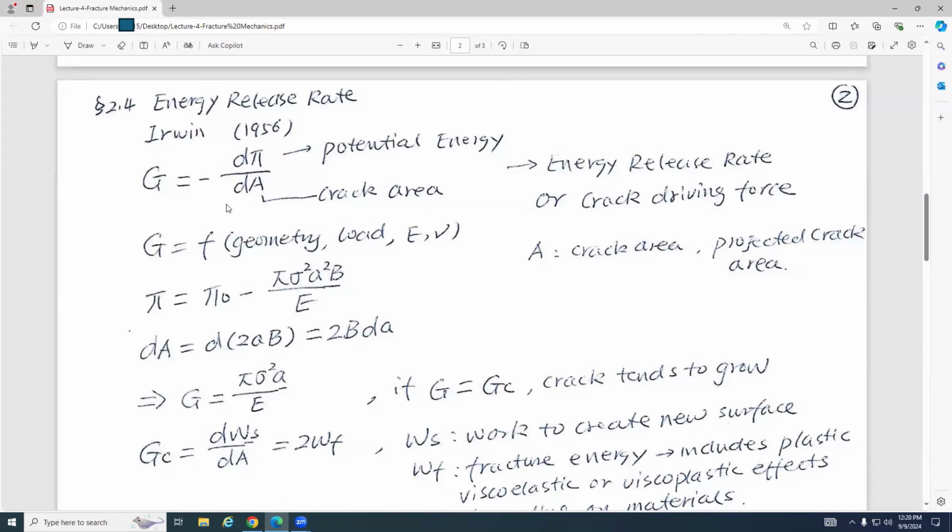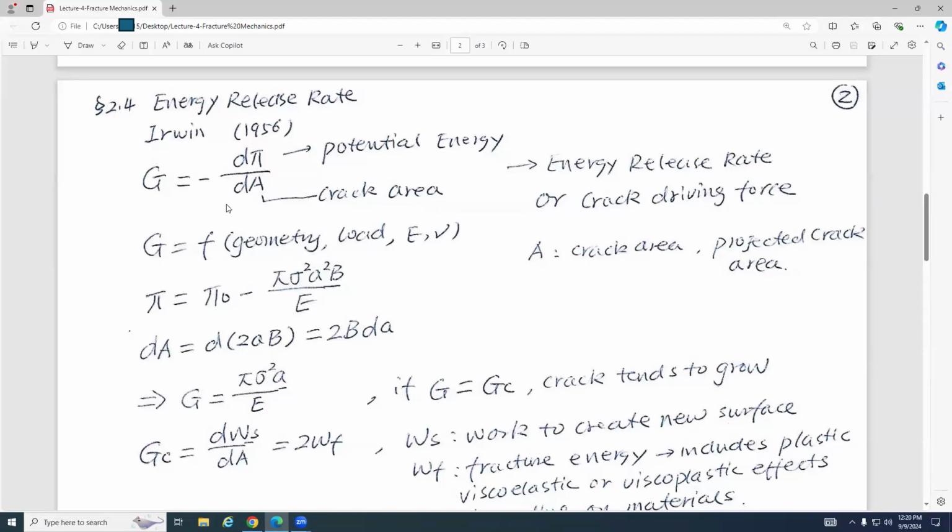So for this Pi, in last class, Pi equals Pi 0 minus pi sigma squared a squared b divided by Young's modulus. Sigma is the stress you apply, a is the crack length, and b is the thickness of the plate. So we have this equation already.